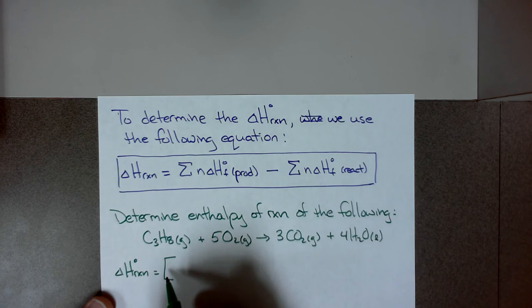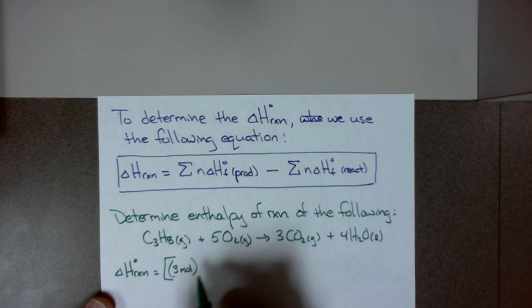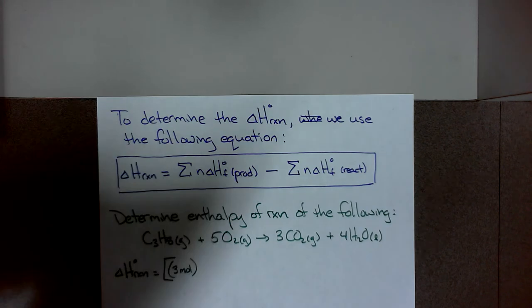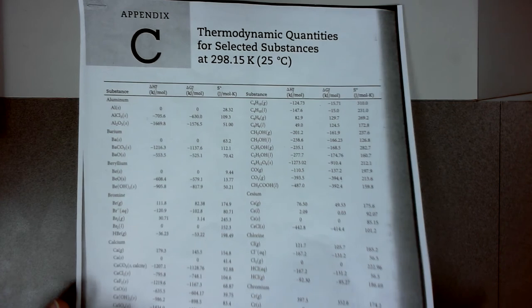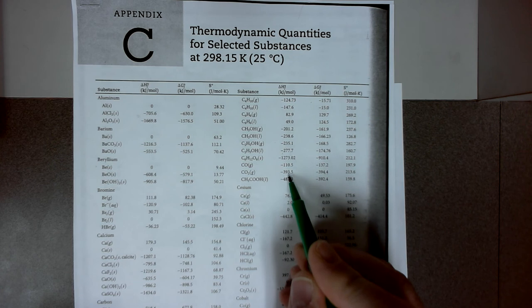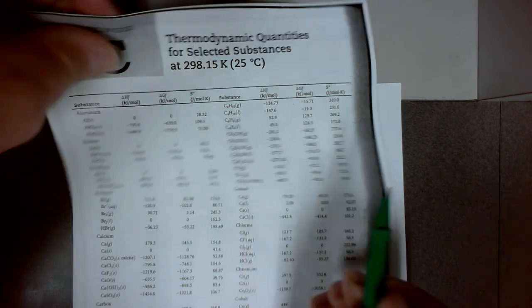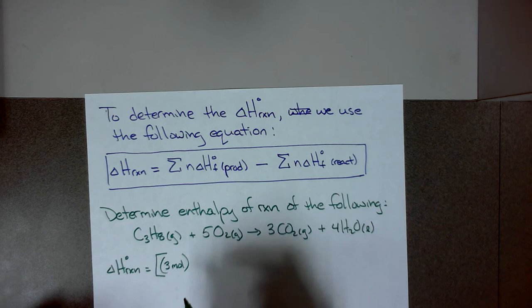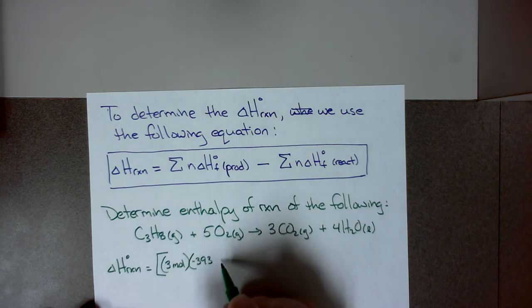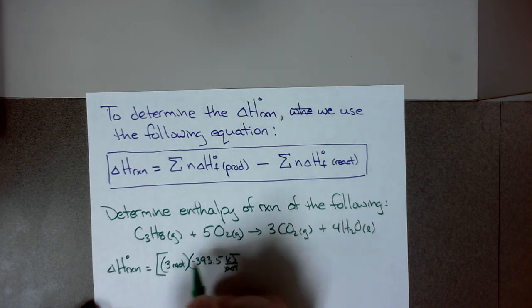So I'm going to write 3 moles of carbon dioxide, and the value for the carbon dioxide that we determined from this chart, carbon dioxide is a negative 393.5 kilojoules per mole. Okay, the moles cancel.